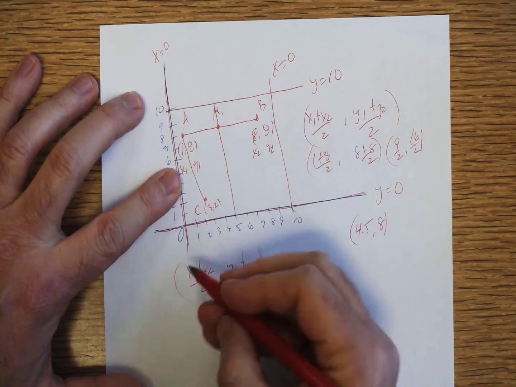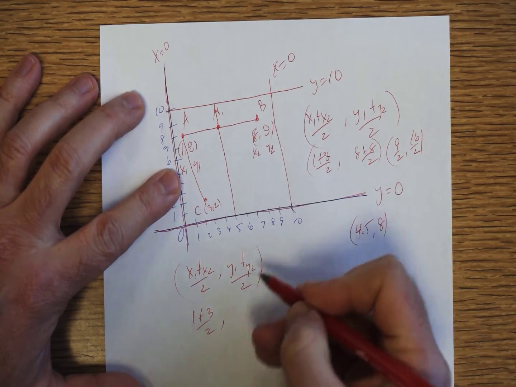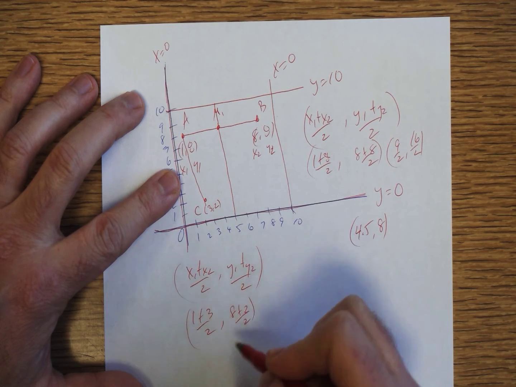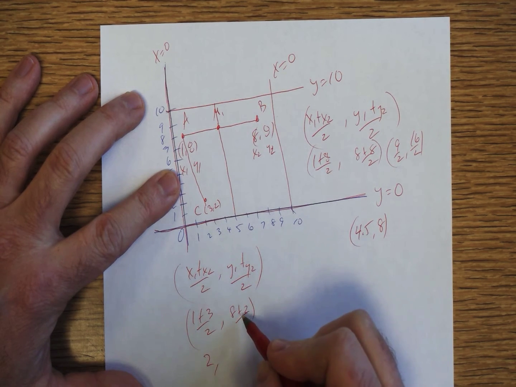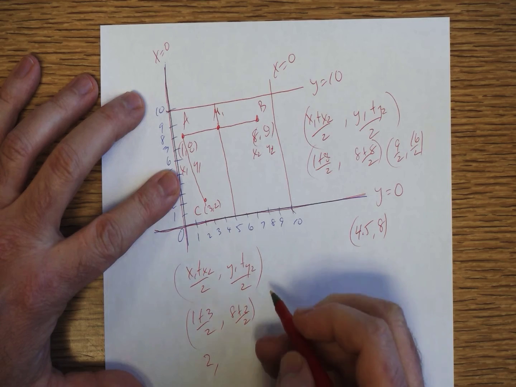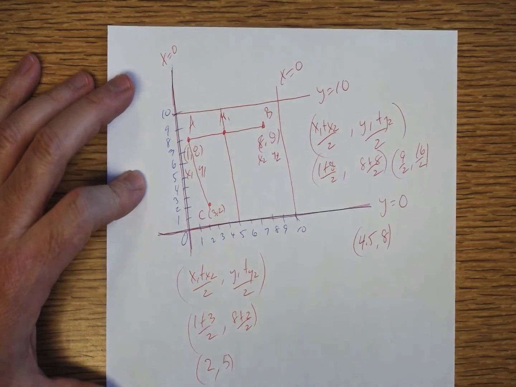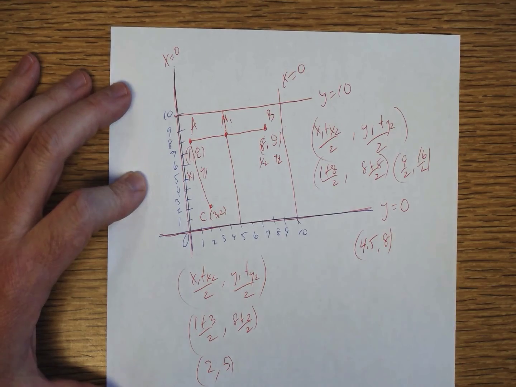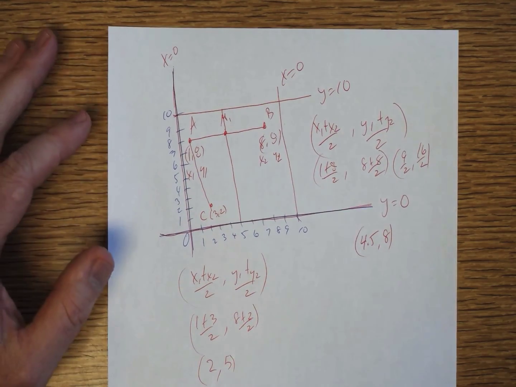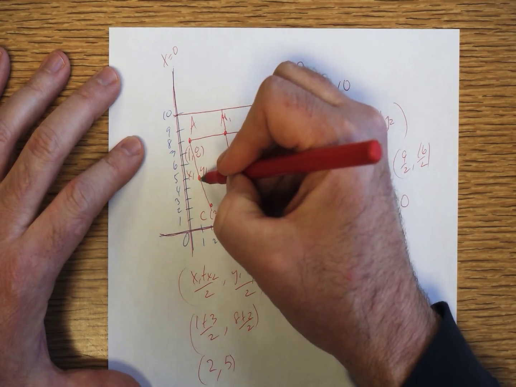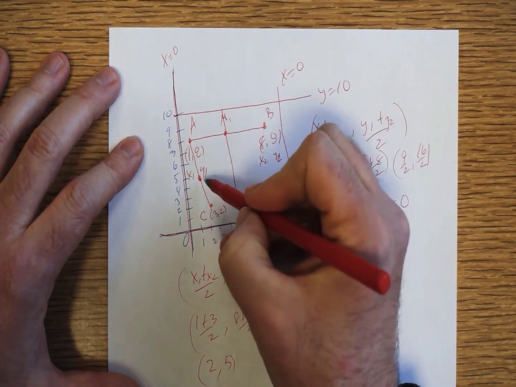So this is going to be 1 plus 3 divided by 2, and this is 8 plus 2 divided by 2. That gives me 2, and 10 divided by 2 is 5. So that's 2, 5. Okay, and then I label that. So this is 2 and 5, and that actually looks pretty decent. Okay, and then it's going to be at a right angle.